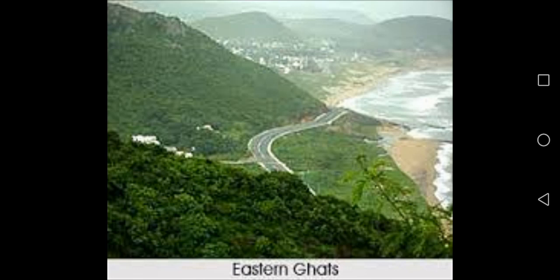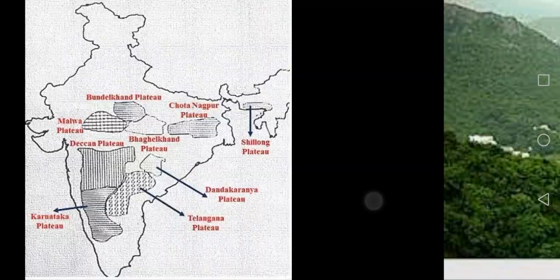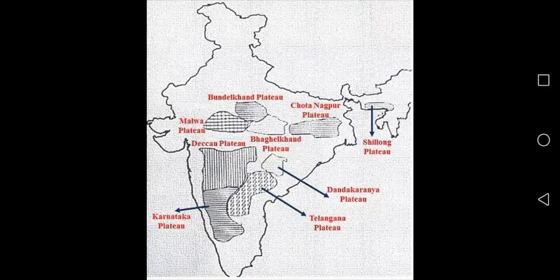Many rivers drain the Eastern Ghats, and they discharge their water into the Bay of Bengal after crossing the Eastern Ghats. So fertile soil cover as well as rich water resources are also found on the Eastern Ghats. The Eastern Ghats receive a good amount of rainfall. Here you can see the location of different plateaus.